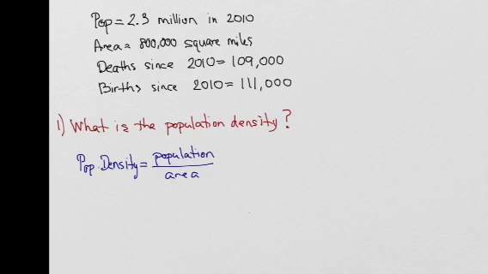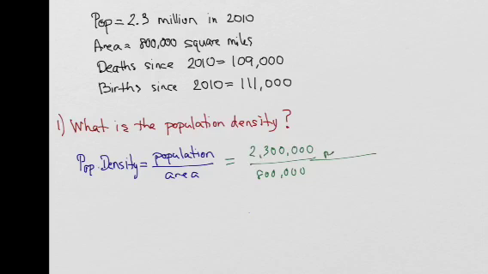So first off, the population density. To find population density, and the formula's here and on your assignment today, so you don't have to search for it, we want to take the population and divide by the area. So in this case, that would be 2.3 million, which is 2,300,000, and divide it by the area, 800,000. But it's not just the numbers.